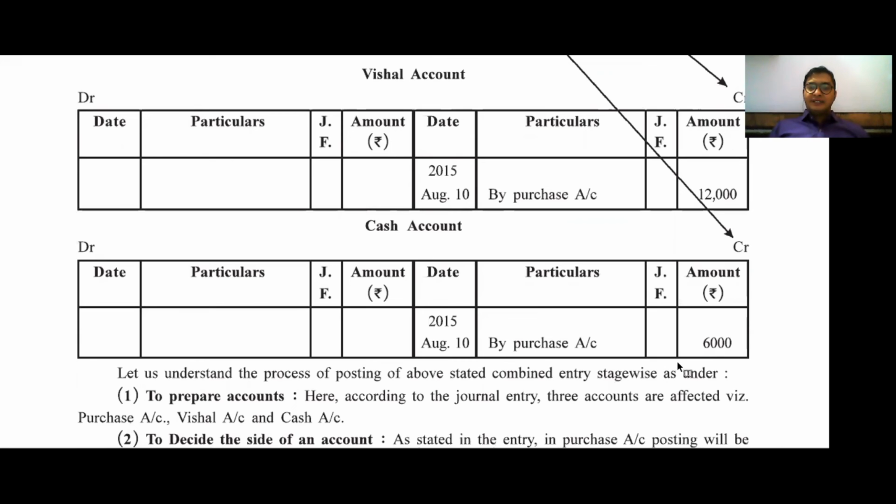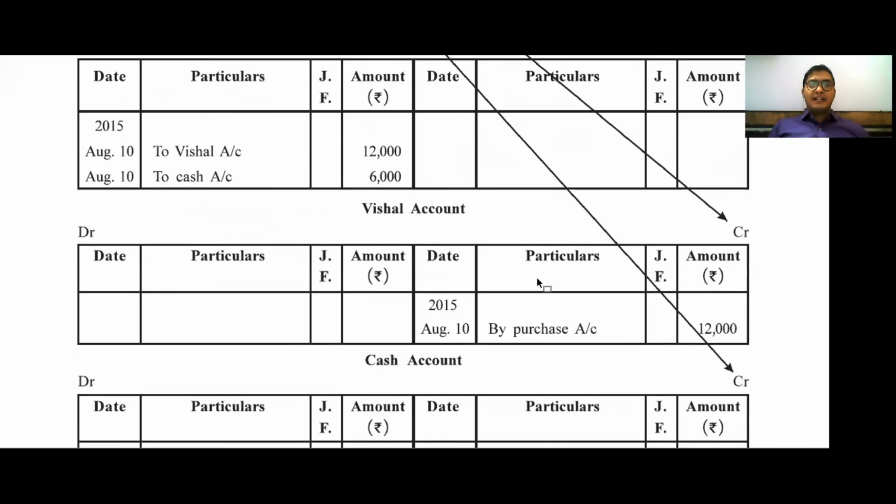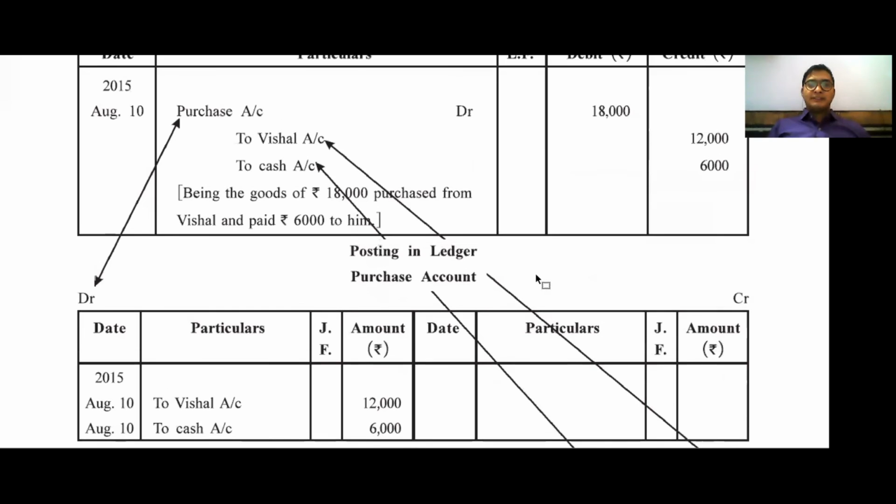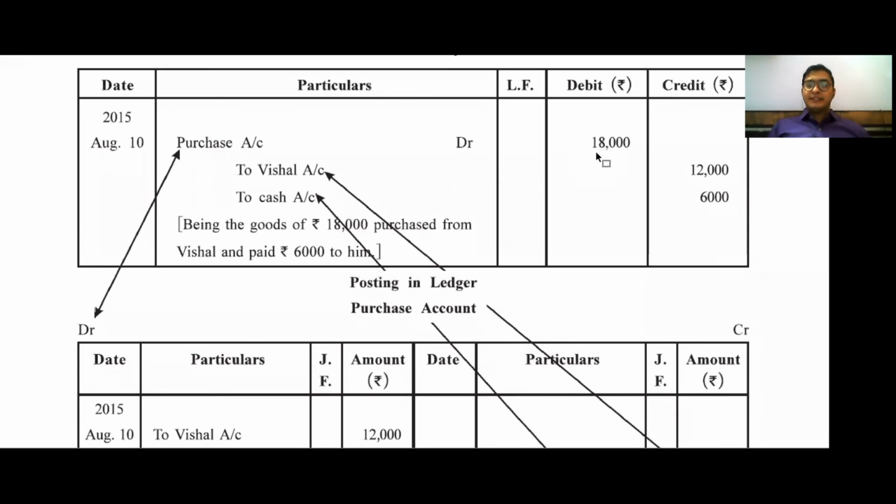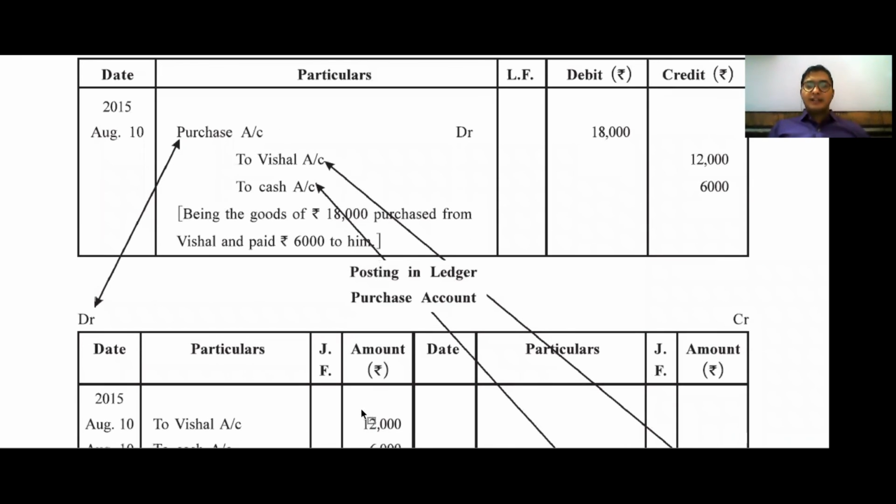Cash account credited by 6,000, and now on debit side total amount is 18,000, but we can't write 18,000 as a single amount, because against 18,000 two different ledgers are affected. So that's why we have to record the amount 18,000 but not in a single way.